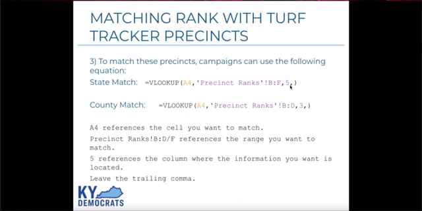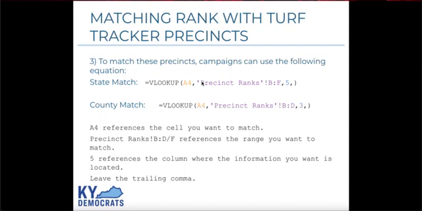Then 5, which is how many columns over the data is going to be under the range you have selected. Then you're going to have a comma and a blank space here. Don't leave the trailing comma. It puts a space and says it's the last thing that is optional, which we're not going to put in, and you really don't need to worry about.